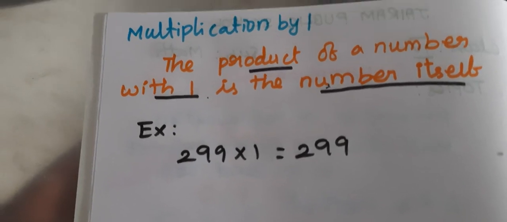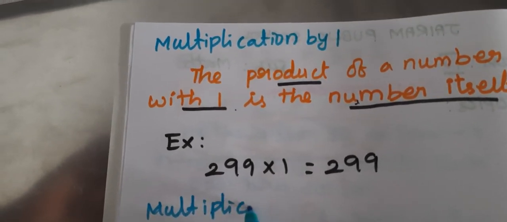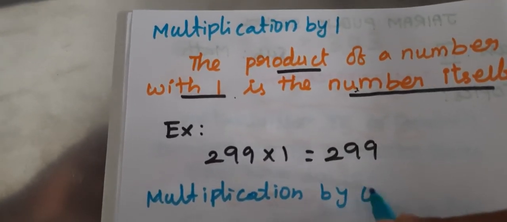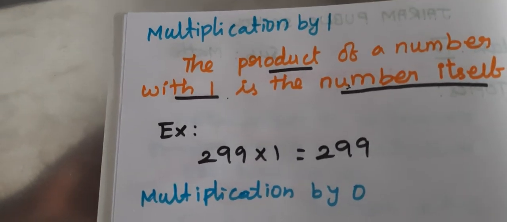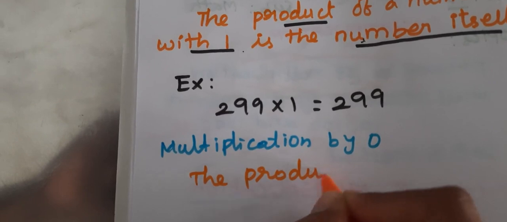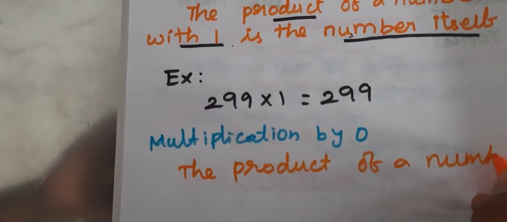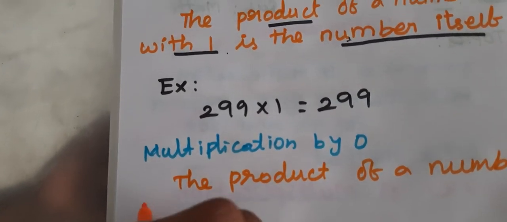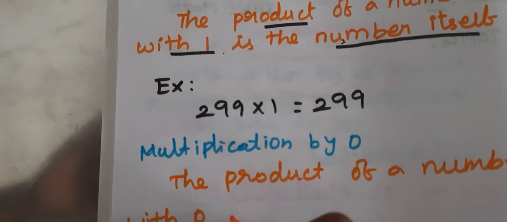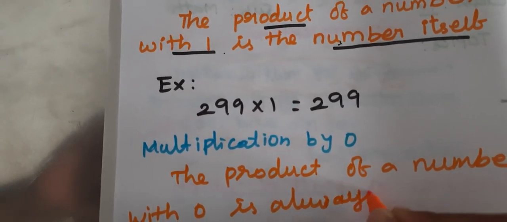So next one is the multiplication by 0. Okay, so see here, the product of a number with 0 is always 0.